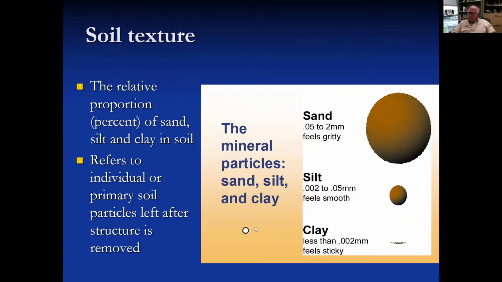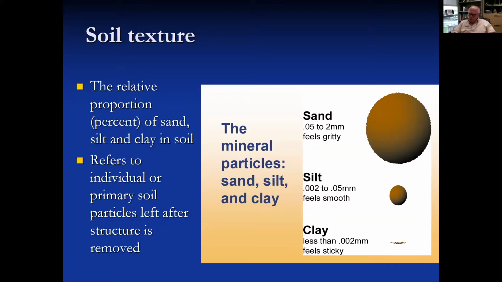The first thing is that the sands and the silts are pieces of the original mineral material that came from the parent rock or sand or other thing that settled in that area and began to become the soil. Inside this fraction of the sand and the silt, we'll find the very same minerals that we found in the original parent rock. So we'd find quartz and feldspar and mica and other minerals.